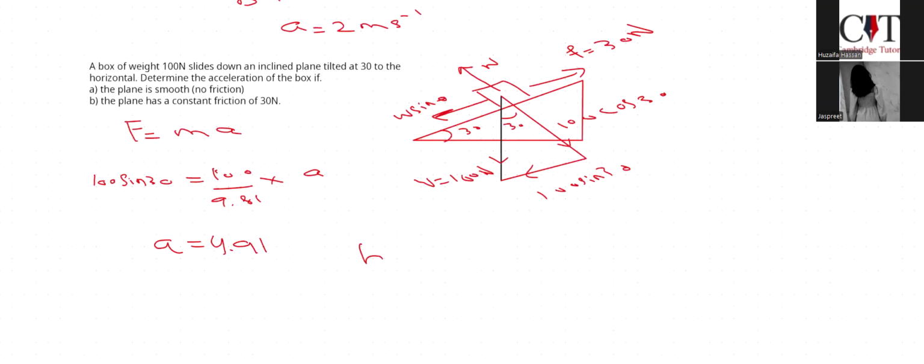Now for the second part, part B, the plane has constant friction of 30 Newton. So the only additional step would be to subtract this force. So we write 100 sine 30, since the force opposing it is only the friction force of 30, equals ma.